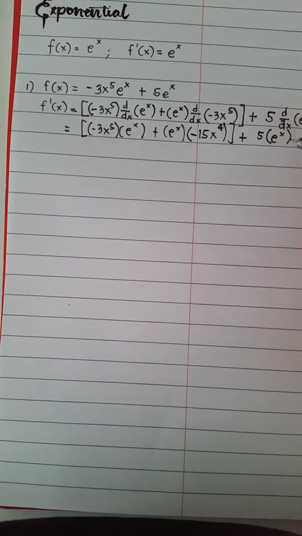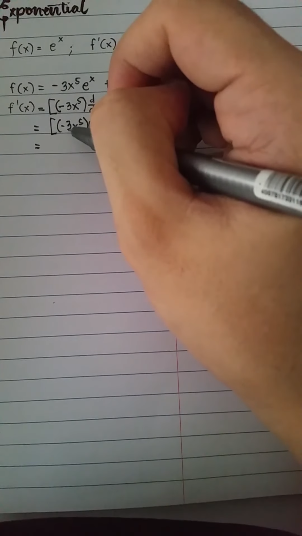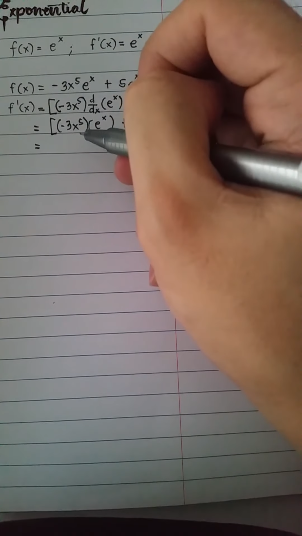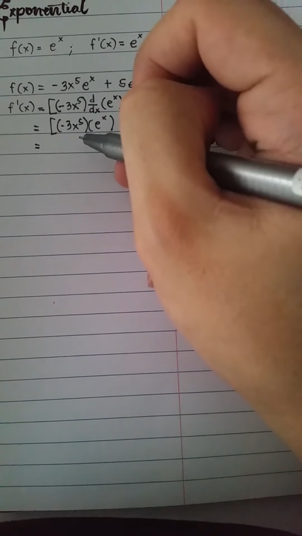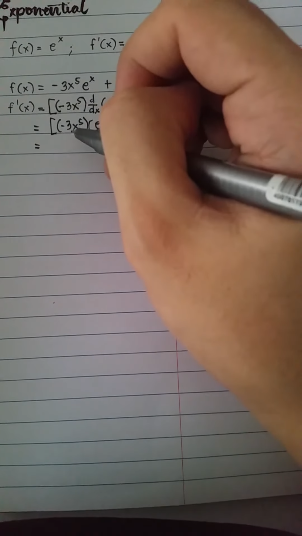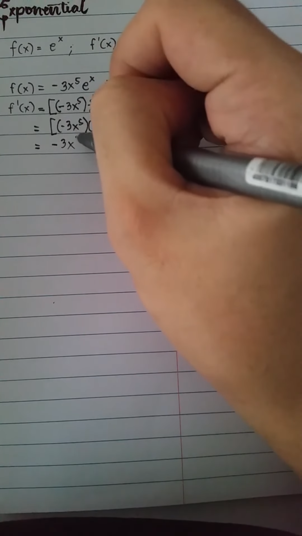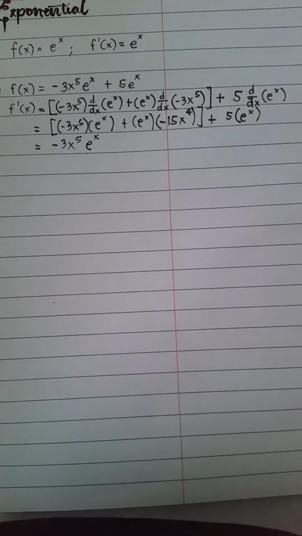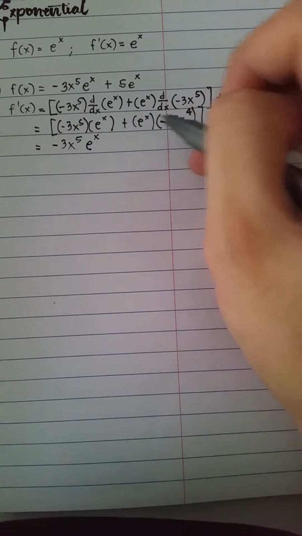Okay, now we simplify by combining. So this is negative 3x to the fifth times e to the x. Now when we are writing these two kinds of functions, we start with the polynomial function. So we write negative 3x to the fifth followed by e to the x. This is e to the x times negative 15.